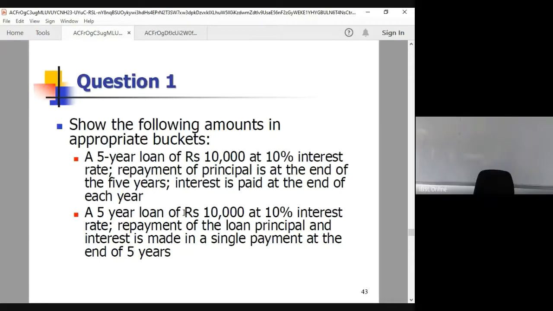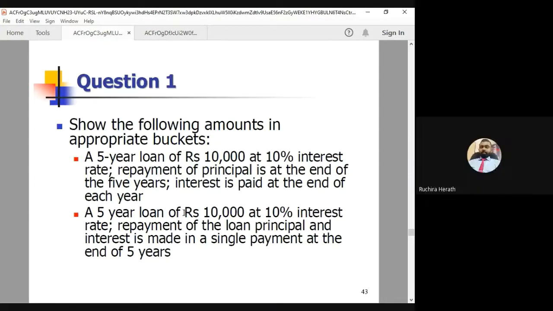Yes. Second one: a 5-year loan, 10,000, 10% interest, repayment of the loan principal and interest is made in a single payment at the end of 5 years. So what does that mean? When is the principal paid? The second part of the 5th year.